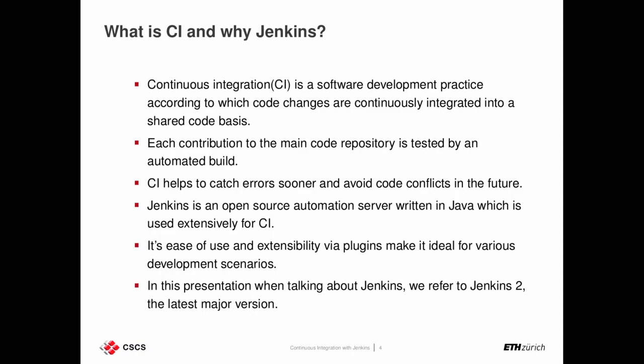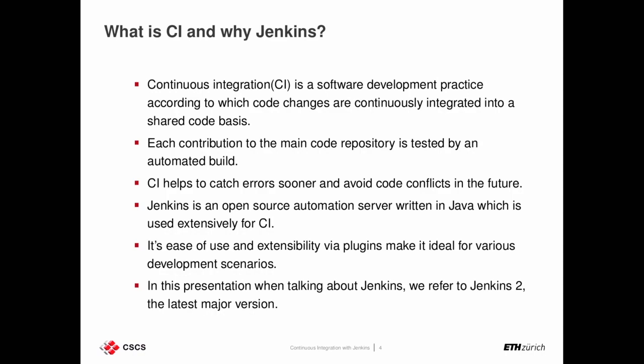The main thing is that each contribution to the main code repository is tested by an automated build, and here is where Jenkins comes in. You should take advantage of CI practice because it helps you catch errors sooner and avoid code conflicts as much as possible in the future.